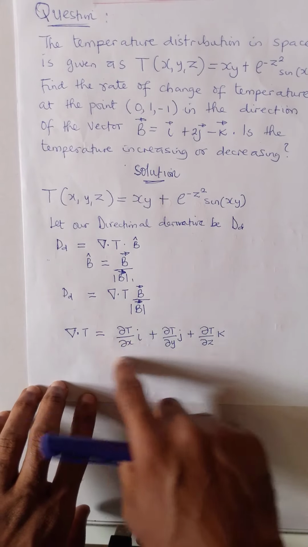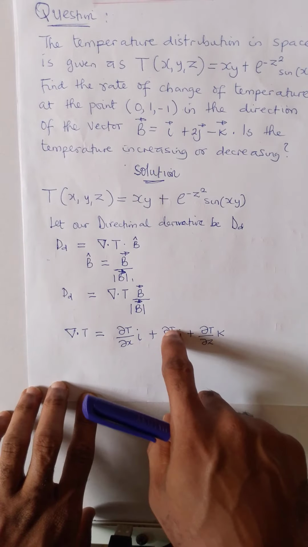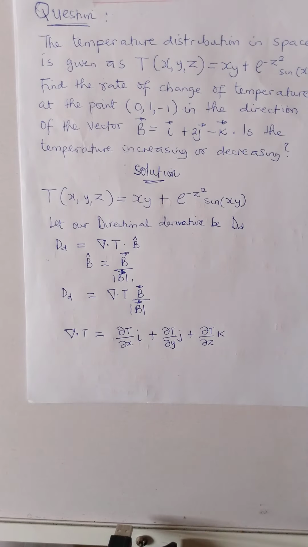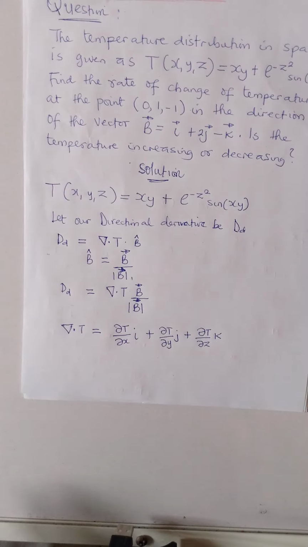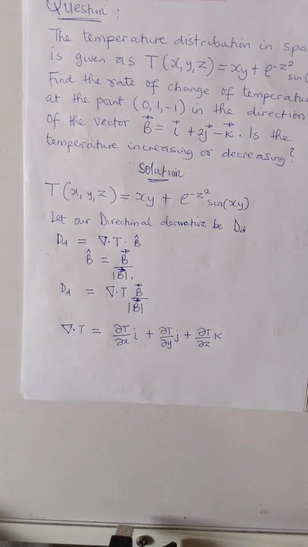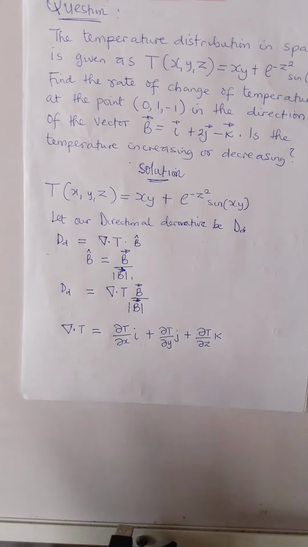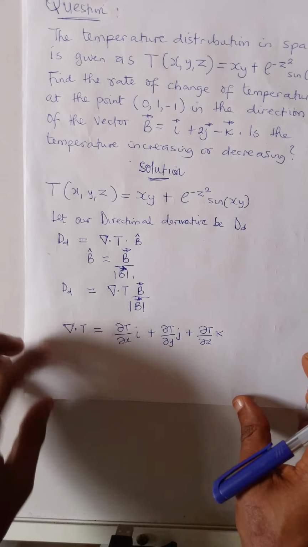So we are going to be finding the partial derivative of T with respect to x, and then T with respect to y, and then again T with respect to z. When we are done with that, we find the unit vector of B, we multiply our answer, and then we come out with the final answer.